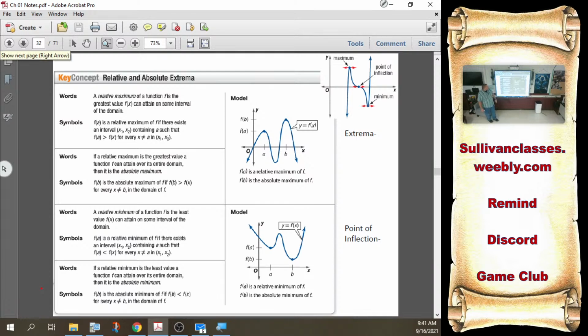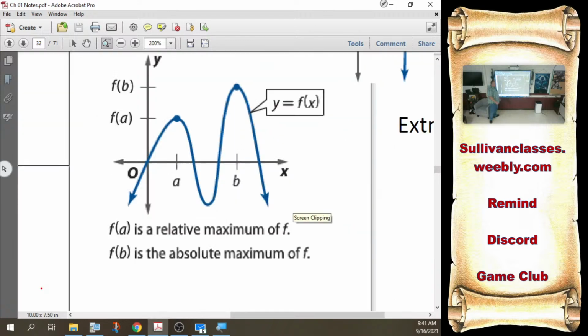Okay, Extrema. I bet you remember from Algebra 2 the difference between relative and maximum extrema. Just listen to the words, listen to the English. Why is this a relative maximum, but this is an absolute maximum? This is the maximum for this area.